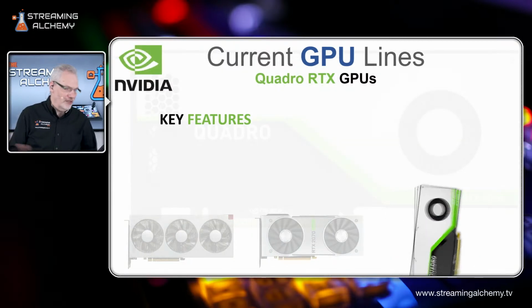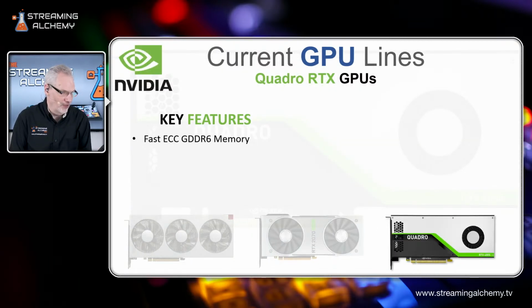So the things with NVIDIA though don't stop at the RTX line. They also go into something called the Quadro line. Now, Quadro cards are the big monster GPUs for the scientific and visualization community. So very, very fast memory, very, very high quality builds.